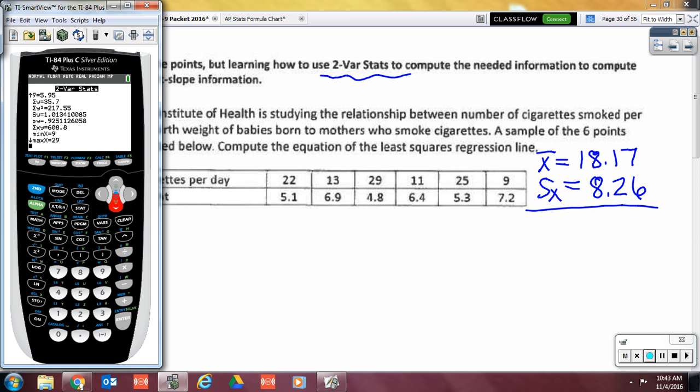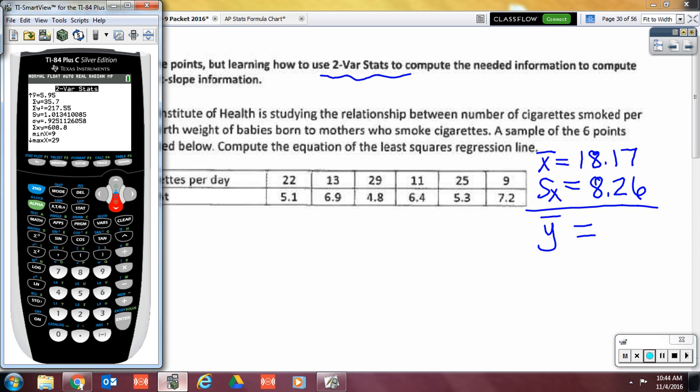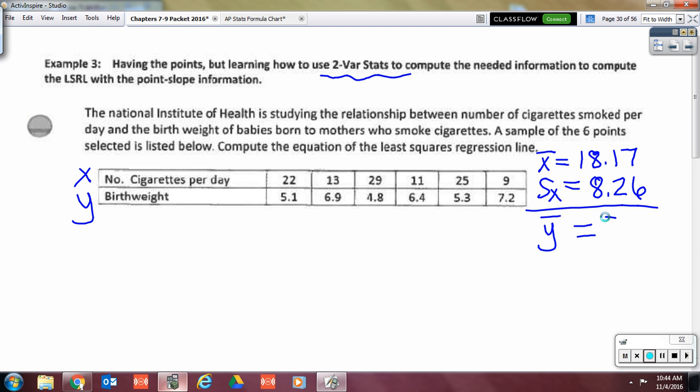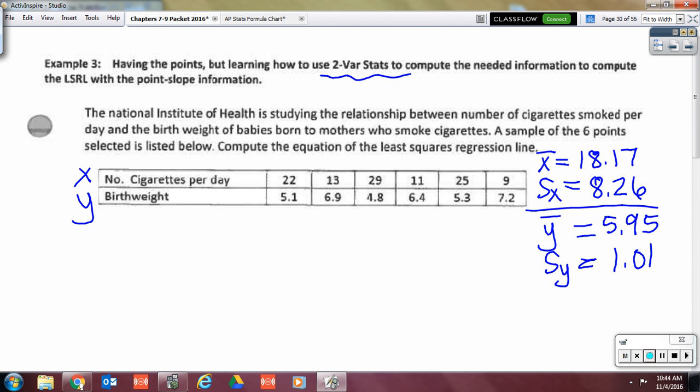So y bar, which is the mean of y, is 5.95. And the standard deviation of y on our calculator is 1.01. Okay, so I've got those 4 items.